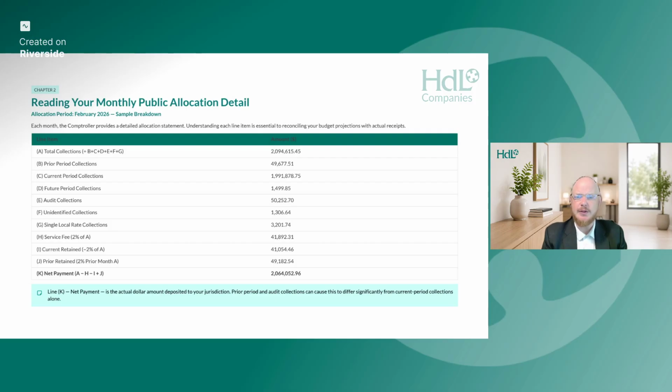But generally speaking, we're thinking of sales tax broken into current period collections, prior period collections, future period collections. Then we also have the audits, unidentified collections, and finally the single local tax rate collections. So all of those things are getting summed together, and then the comptroller applies their service fee, and then you finally get your net payment there, which is what the jurisdiction will actually receive each month.